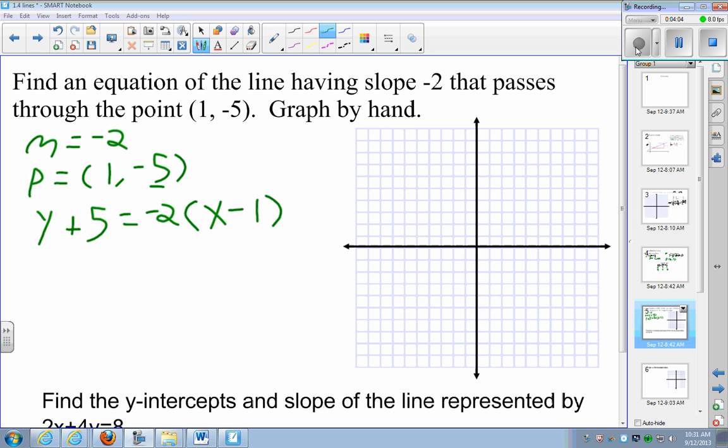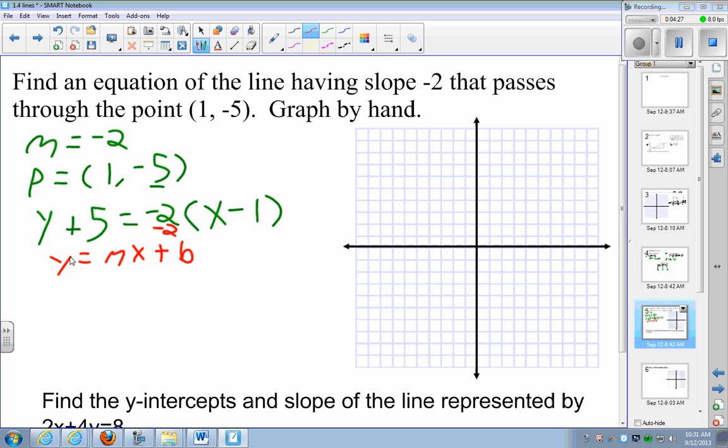To graph it by hand, let's put it into slope-intercept form. If you remember, slope-intercept form is going to be y is equal to mx plus b. So to do that, we're going to subtract our 5 over and multiply by this -2.